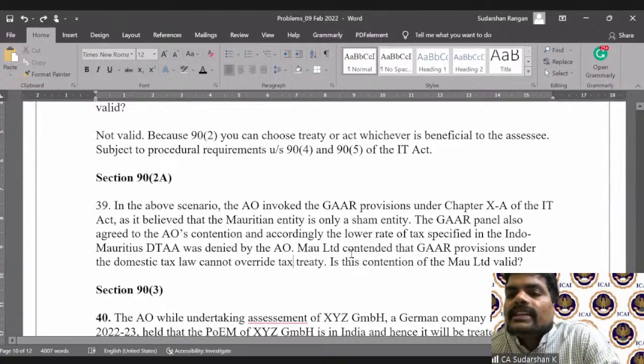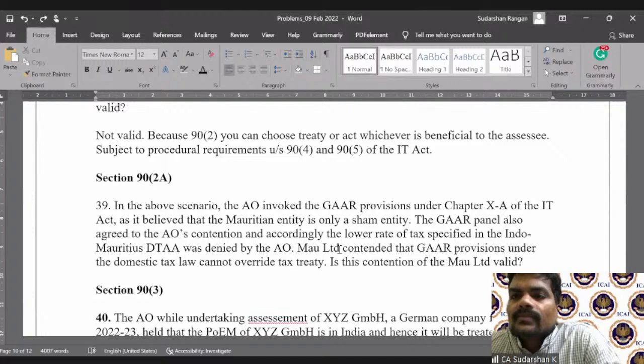Now, Mauritius Limited contended that GAAR provisions under the domestic law cannot override the tax treaty. It says Section 90 subsection 2 says whichever is beneficial to the assessee. How can you now say GAAR provisions I have invoked and you cannot take treaty benefit?